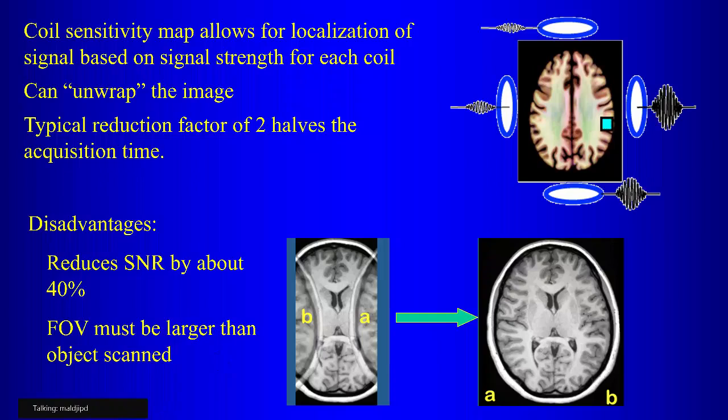Because if the anatomy falls outside of the field of view, it will not be able to account for that. Okay? So you have to make sure your field of view is large. So that's something that you have to bear in mind if you're going to tell the technologist to use ASSET to speed up your imaging. Okay?